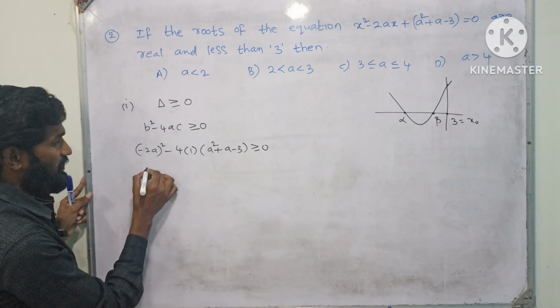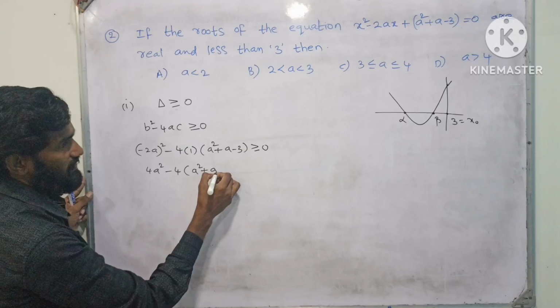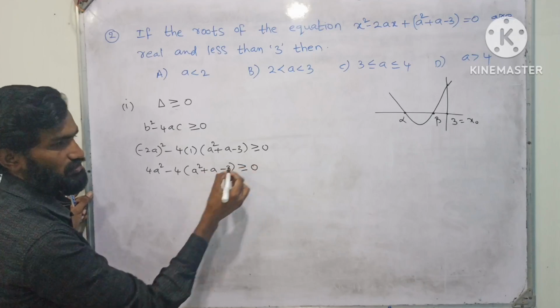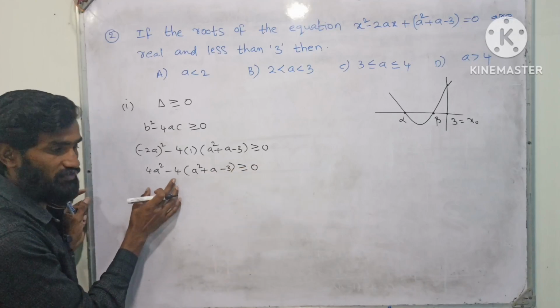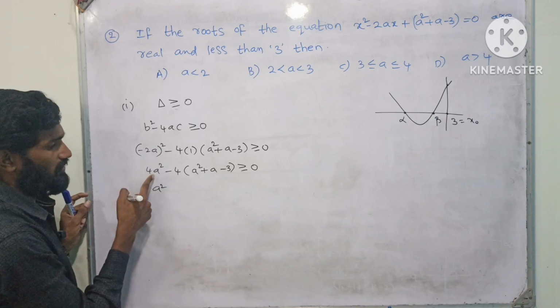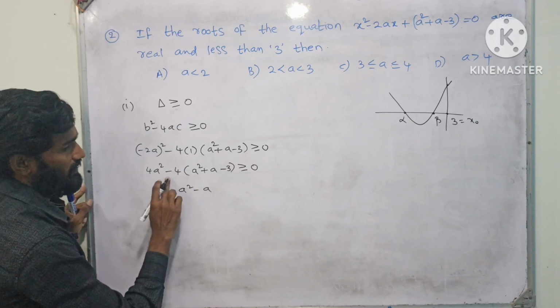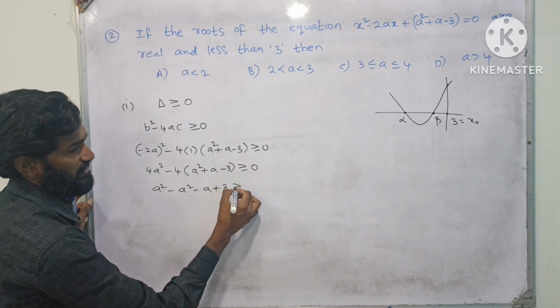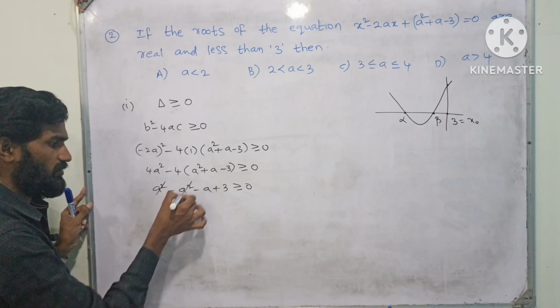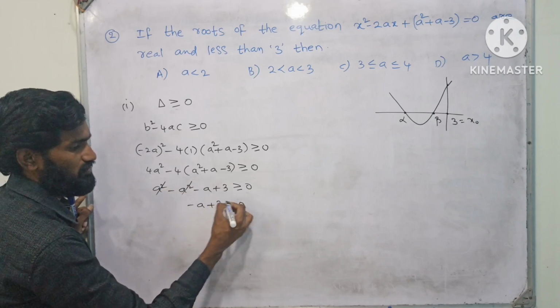Now if I simplify this, I will get 4a square minus 4 of a square plus a minus 3, which is greater than or equal to 0. If I take 4 common and send it to that side, I will get 0. So what remains here is a square minus a square, plus a minus a, minus 3, hmm, a square minus a square cancel, and here we have minus a plus 3 greater than or equal to 0.